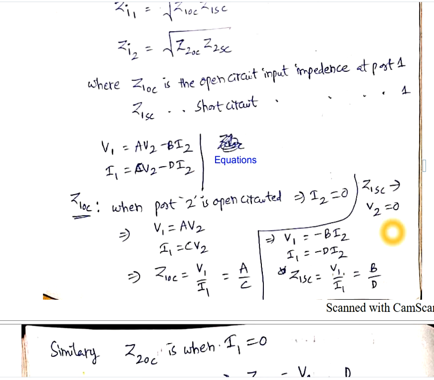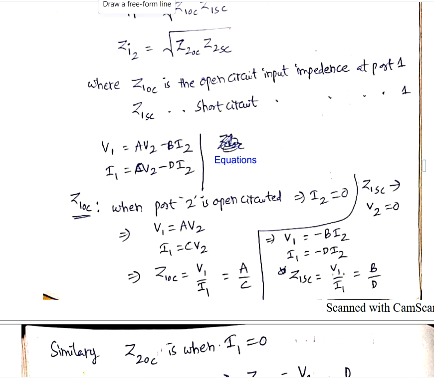Port 2 should be short circuited, that means V2 equals 0. For that particular case, what do you get? Z1SC, V1 by I1, is equal to minus B I2 by minus D I2, then it will be B by D, right? That's what you will get here.